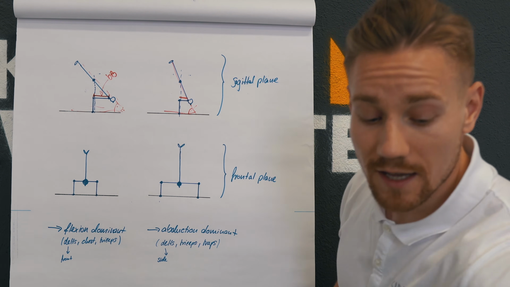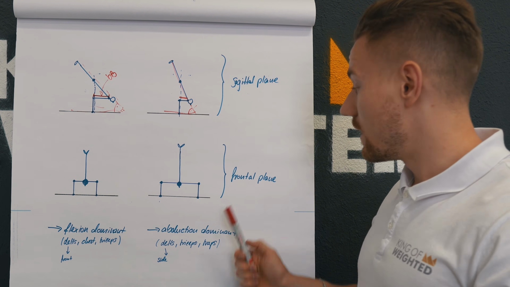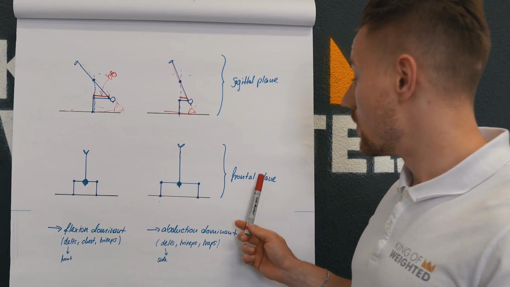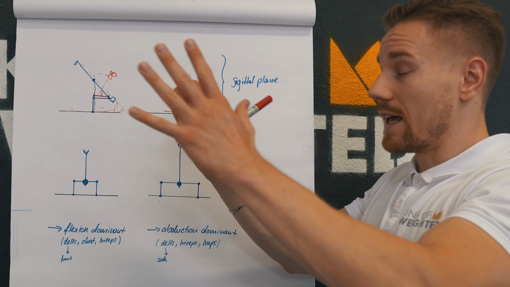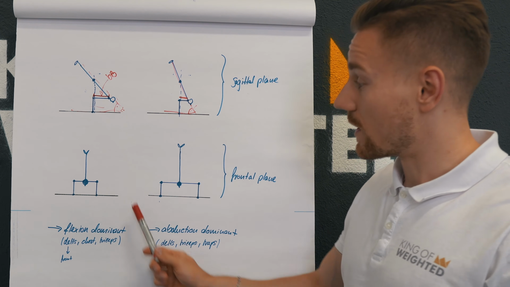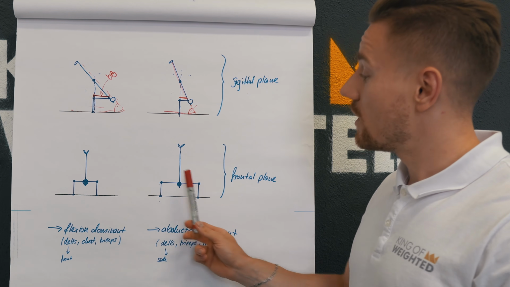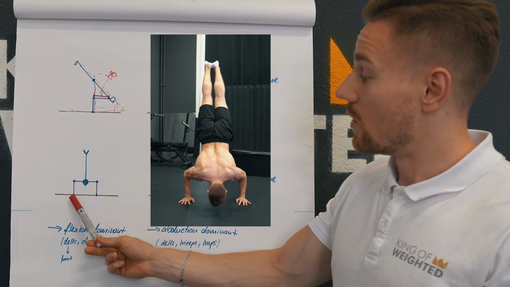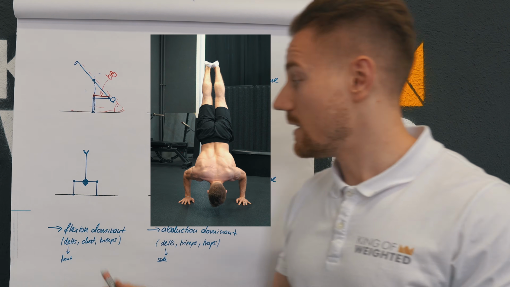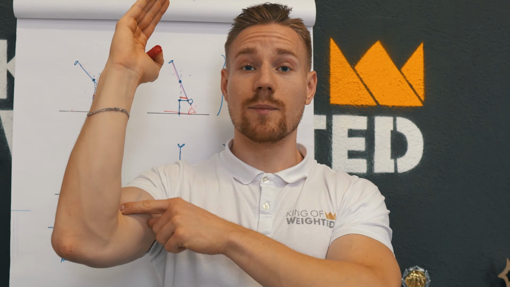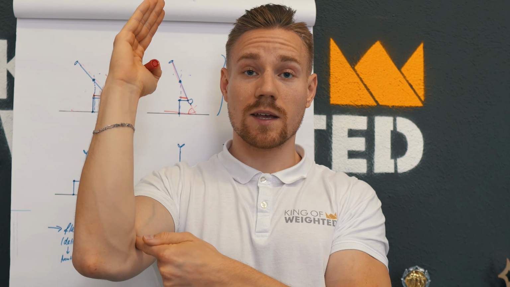Now let's take a look at how this looks in the frontal plane when we take a look at the exercise really from the front, and we can see a huge difference again. So the regular handstand push-up technique has then in the front view small upper arms, because the elbows are pretty close to the body. That means the upper arm gets small.